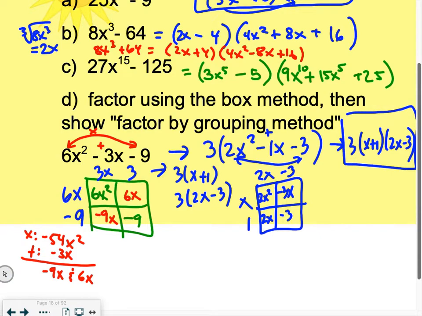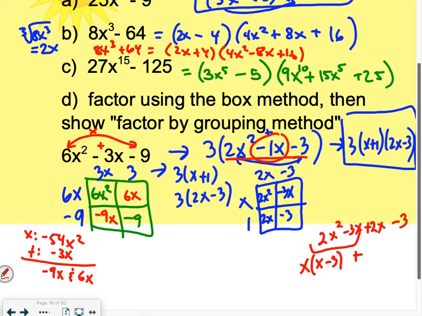So that's really factor by grouping, because if you wanted to take this and factor it by grouping, you'd need to rewrite it with 4 terms. And that's where the minus 3x and the plus 2x, that's equivalent to the minus 1x, comes in. It's just writing that trinomial a longer way with 4 terms. And then you look at the first 2, take out the GCF.